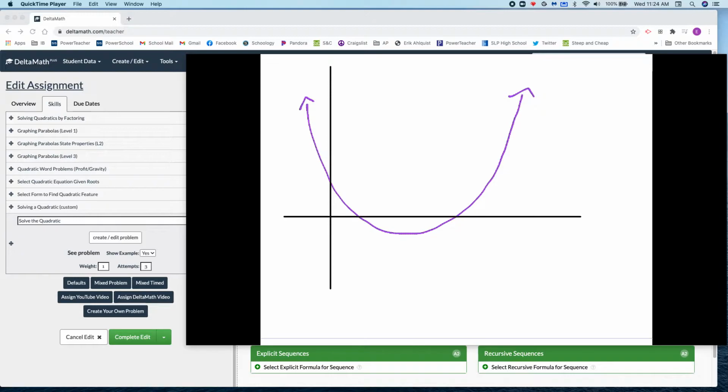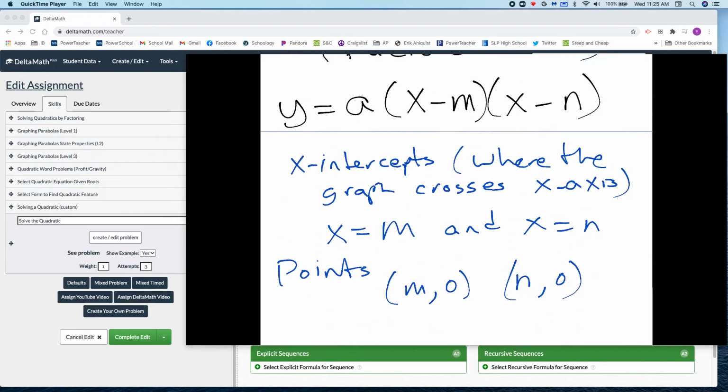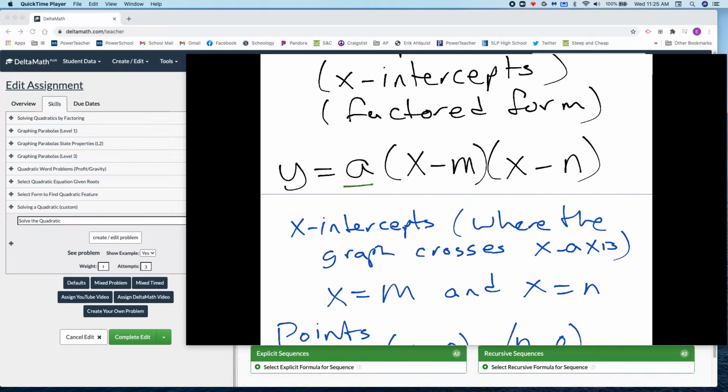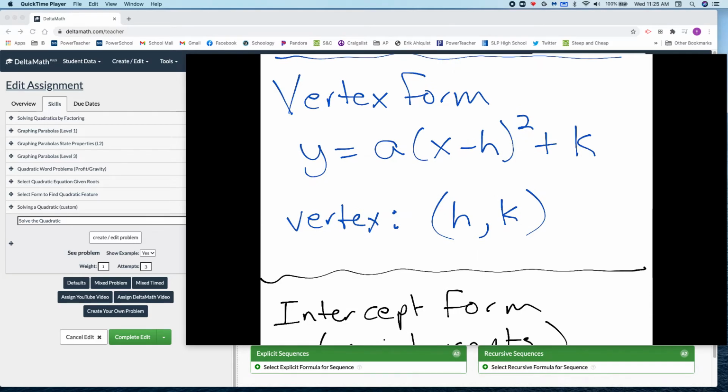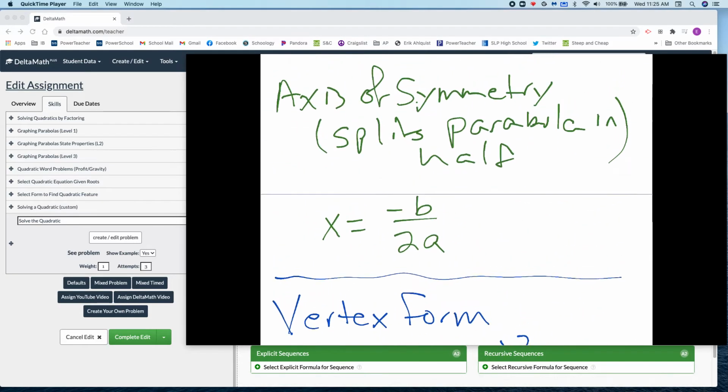If I'm looking at the parts of this parabola, the things that really matter, this is what the parabola looks like if that value a is positive. Remember, the value a shows up in every one of these forms.